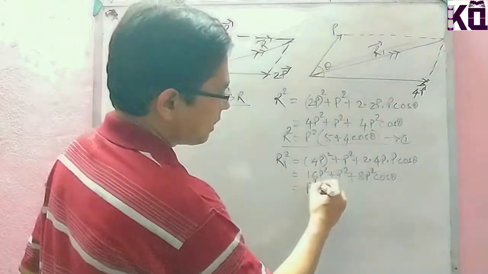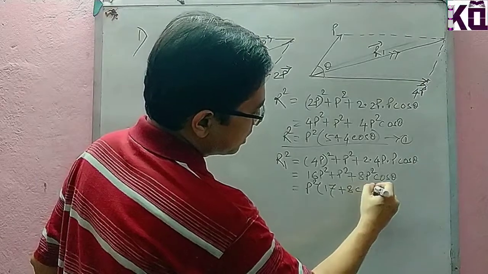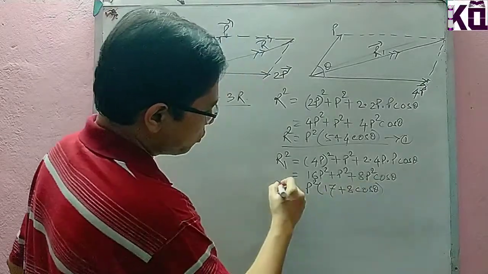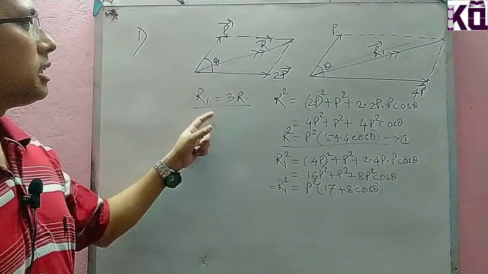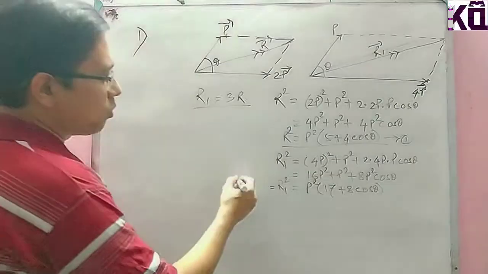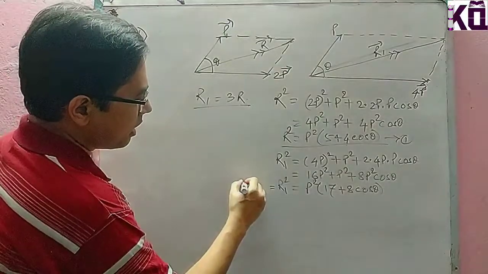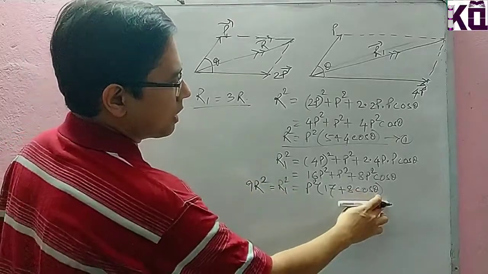So if I take p square common, you will get p square into 17 plus 8 cos theta, and that should be the value of this R1 square. Now this R1 is 3 times of R as the condition is provided. So we can write this as 3R whole square, which means actually 9R square.